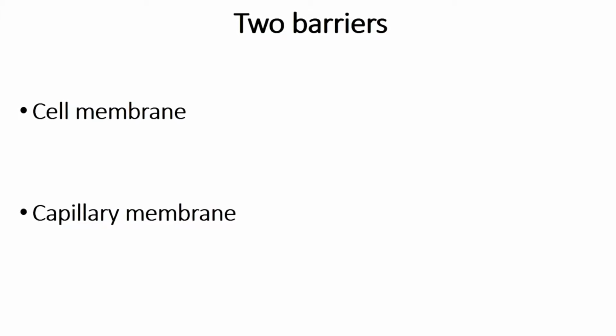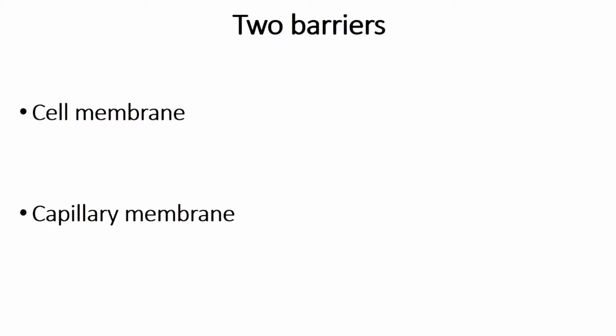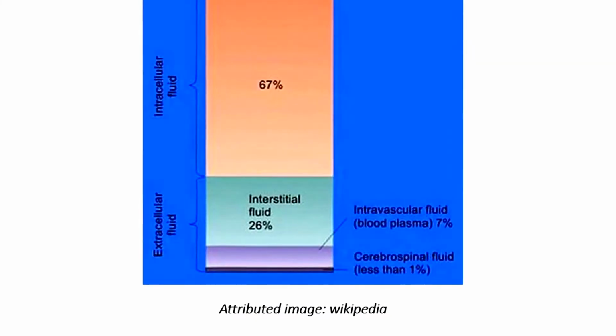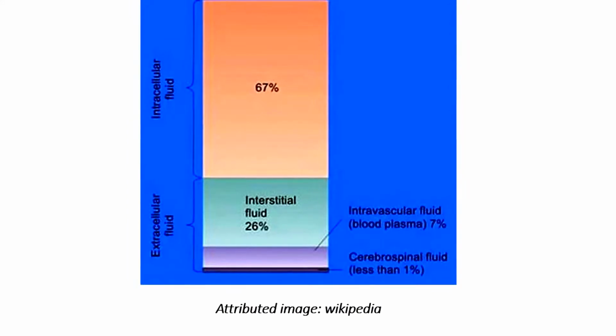In terms of the distribution of the body water in us, most of it is found within cells, or intracellularly. As this diagram reveals, about 2/3 of the water in our bodies is found within the intracellular space. The remaining third is found in the extracellular space, of which it may be in two different compartments.